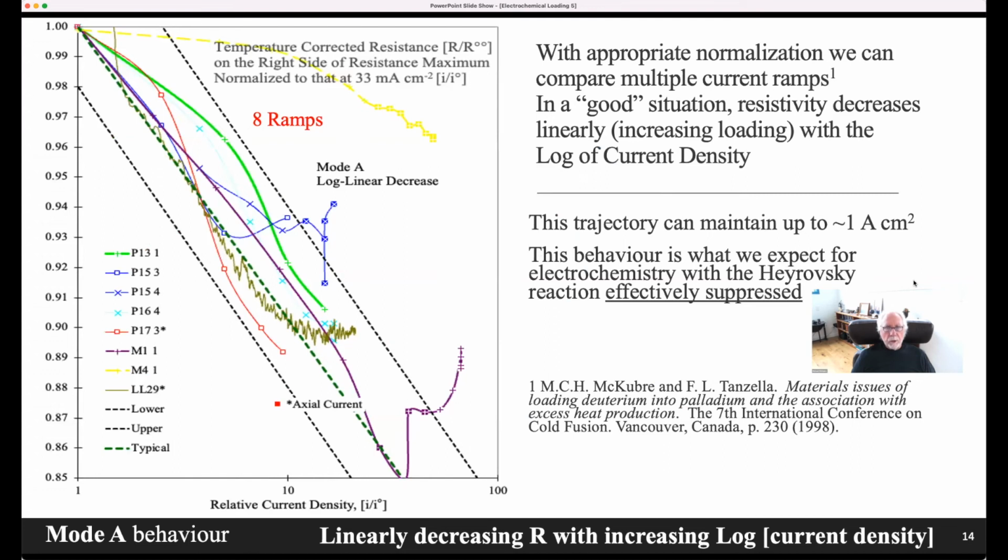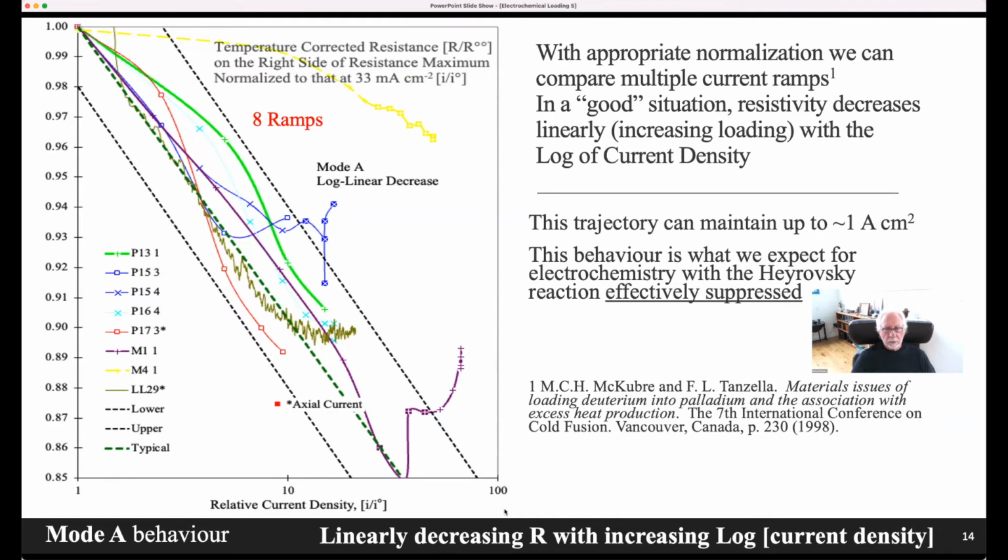With appropriate normalizations, we can compare multiple current ramps. We're looking for what is good and what is not good. In a good situation, which I call mode A behavior, and I have 8 examples in this slide, the resistance decreases linearly as the current density increases logarithmically. Here the current densities are normalized to 33 milliamps per square centimeter.